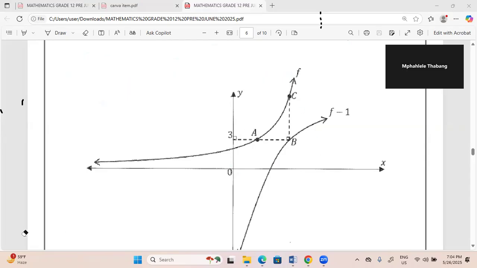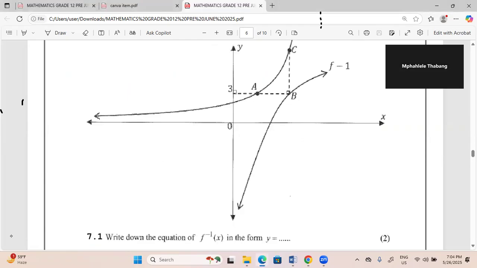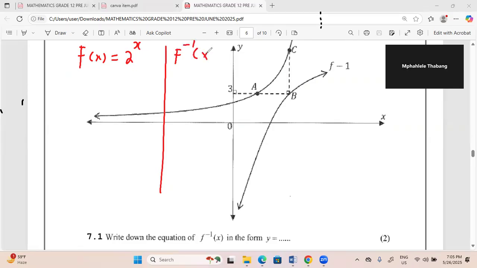So now they are saying, give us the domain of the inverse of f. Makes sense? It's a very interesting question. If you look at the function f of x, represented by the equation 2 to the exponent x, surely it has an inverse. This function f of x equals 2 to the exponent x has an asymptote. This is an exponential function.